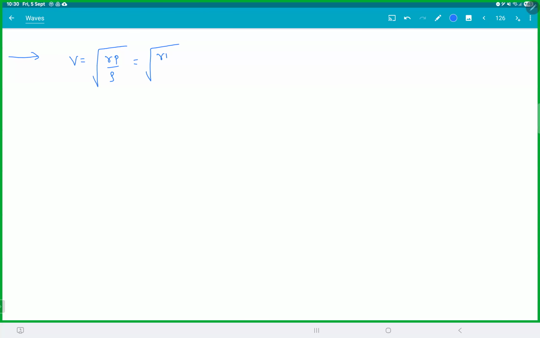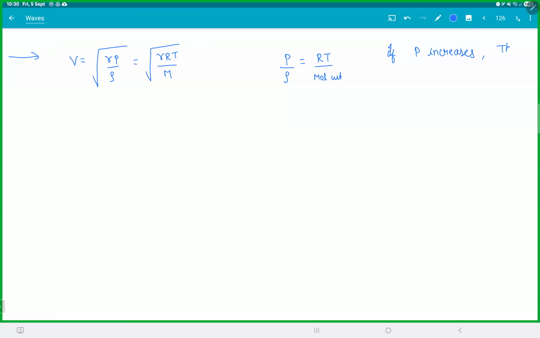You can also write it as root over γRT by M. The thing is, nothing happens because P by rho is RT by M. What most people don't realize is when you increase the pressure, volume decreases, so density also increases. So the P by rho ratio remains same. So speed of sound is independent of pressure. It depends only on temperature.